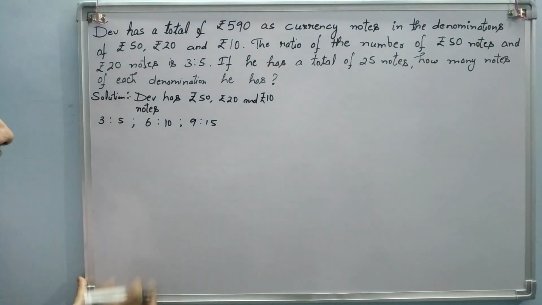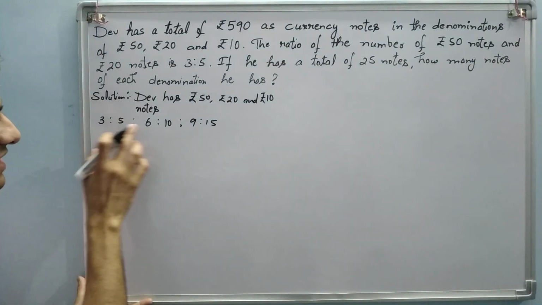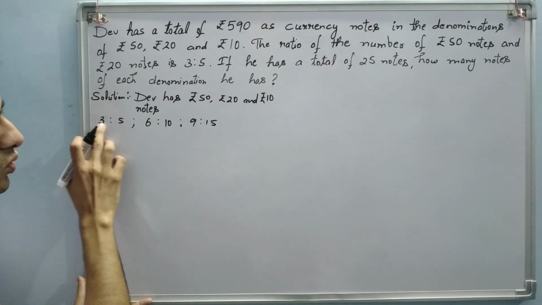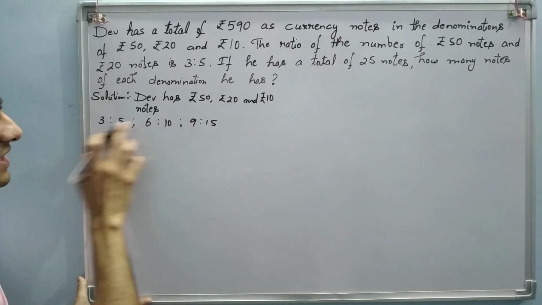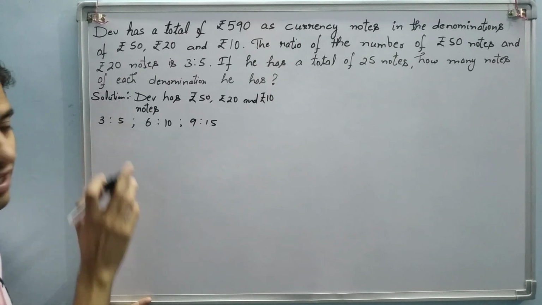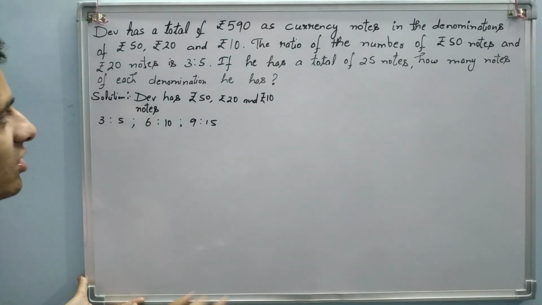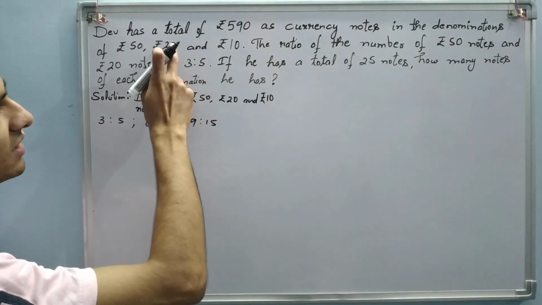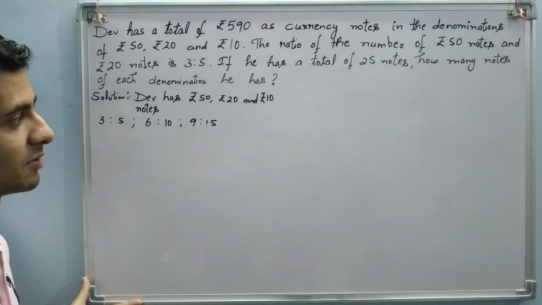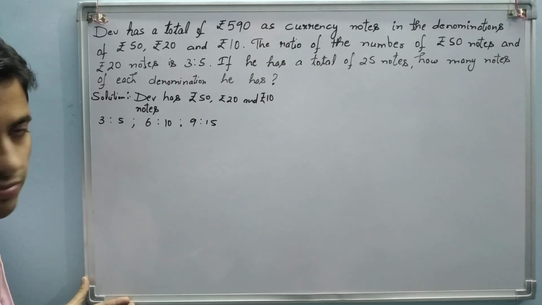So how can we take that? 6 is 3 into 2 and 5 into 2, 9 is 3 into 3 and 5 into 3, means we can take some multiple along. We cannot say that there are 3 50 rupee notes and 5 20 rupee notes. We have to take some multiple along because all these are possibilities.